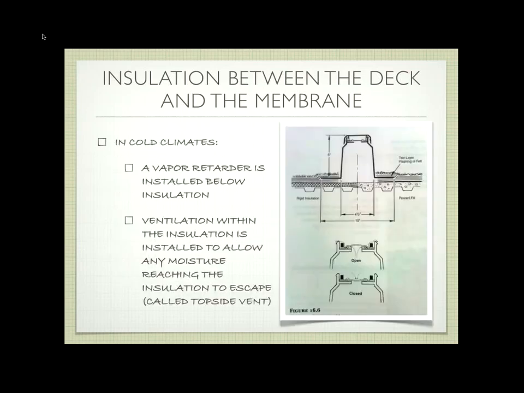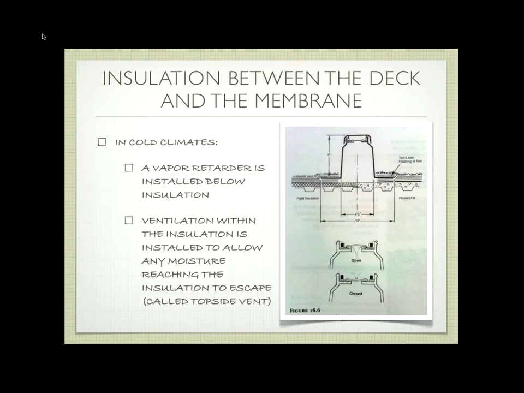If you're in cold climates and you use this method, you need to make sure that you actually vent this, because you can have troubles. So again, we have our deck or our lightweight concrete here. When we put our vapor retarder, it's going to be installed below the insulation, against the membrane.